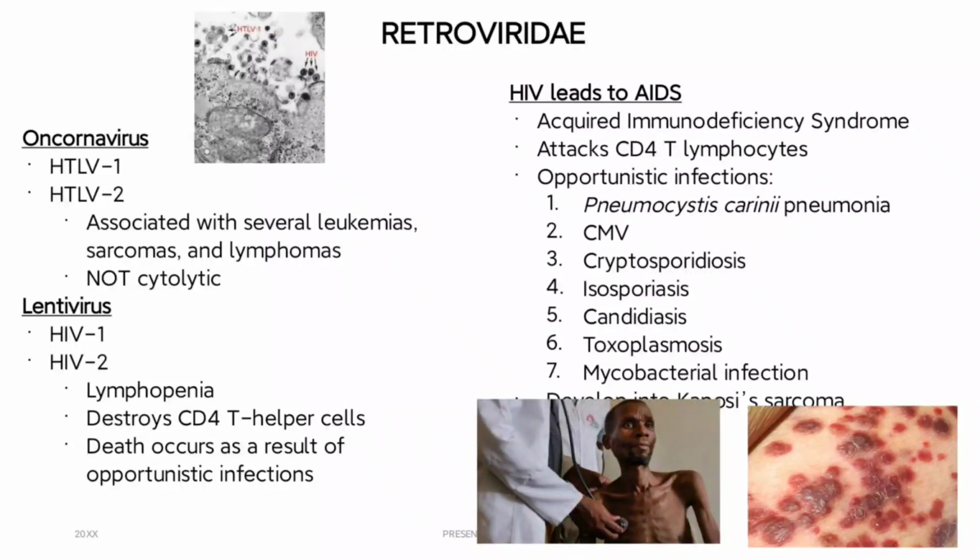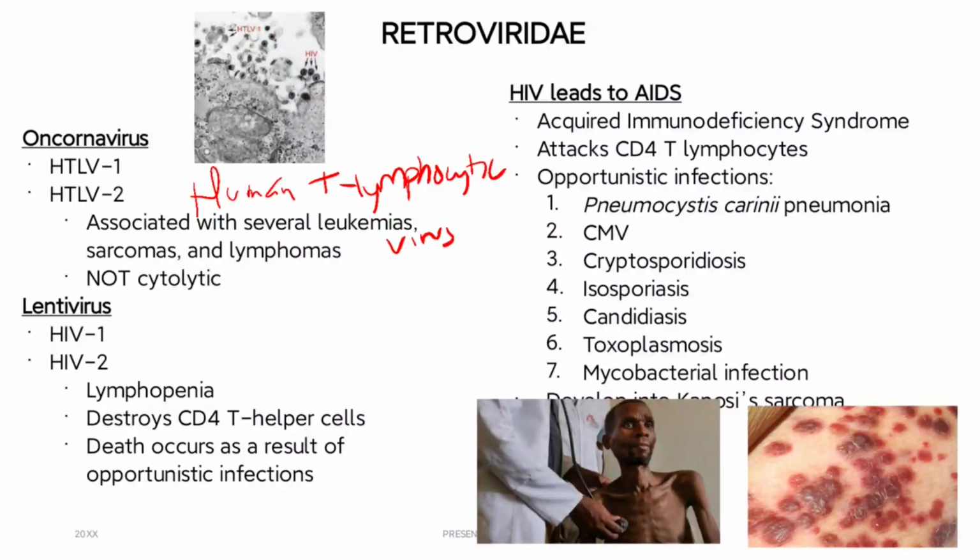The opportunistic infections. So, by the way, I haven't mentioned, no? When we say HTLV, that is the human T lymphocytic virus. Yes. Because those retroviridae go straight to the T lymphocytes, no?